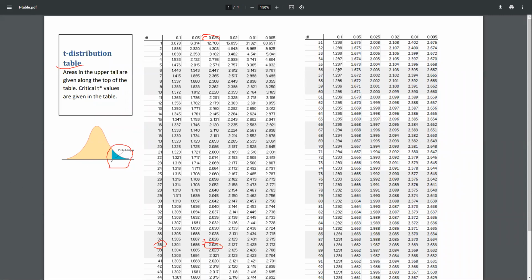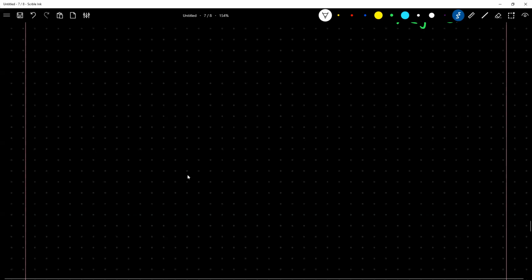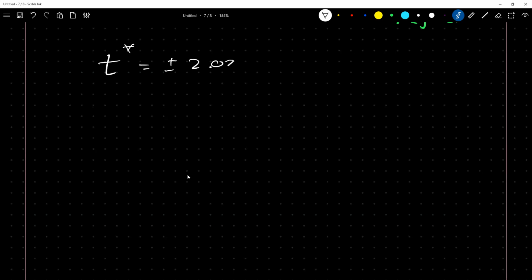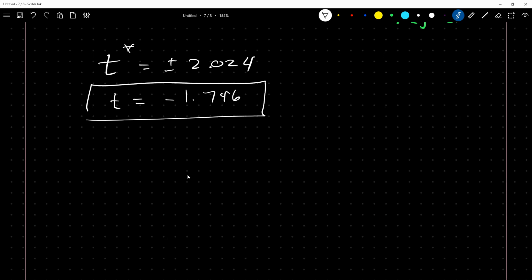Okay, so that is my critical T. So my T critical is plus or minus 2.024. And then my T value was negative 1.746. So certainly this is in the open interval from negative T star to positive T star, right?